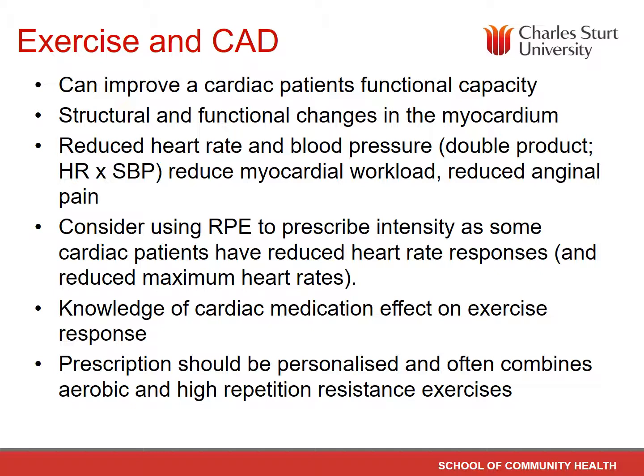It should be personalized, and often combining aerobic and high repetition resistance exercises. Like we talked about with hypertension, the low repetition exercises may give a short-term increase in hypertension, so that's placing them at a higher risk. So keeping the reps low, allowing for slow, gradual benefits to be made from strength or resistance activity.